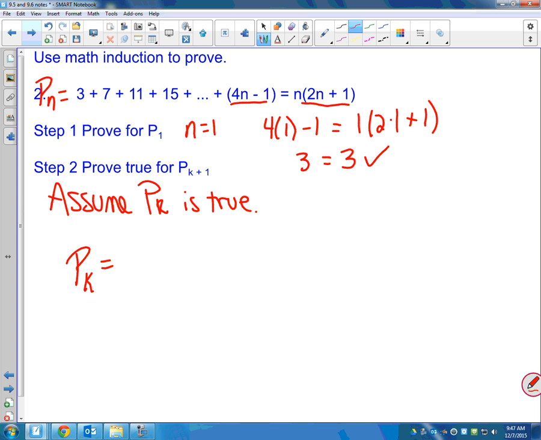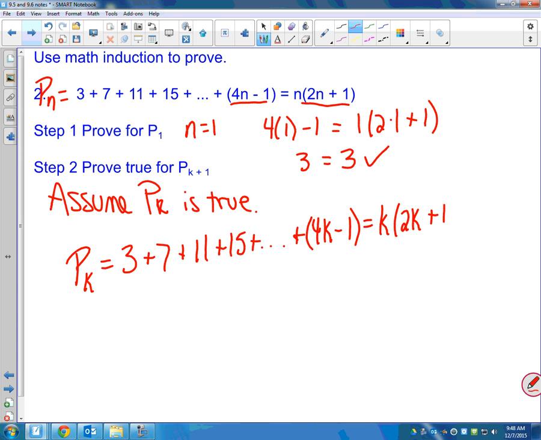So for P sub k, all I'm going to do is rewrite that whole thing, but replace n with k. 3 plus 7 plus 11 plus 15 plus dot dot dot plus 4k minus 1 equals k times 2k plus 1.